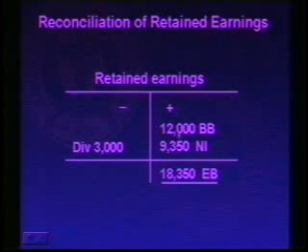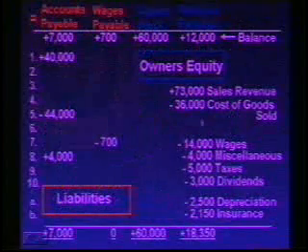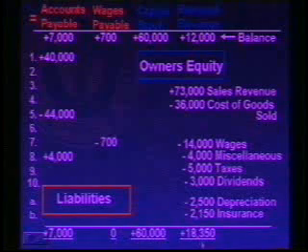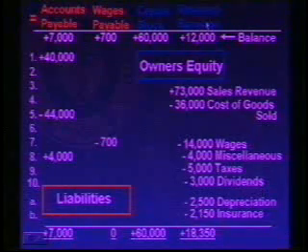We add that to our beginning balance of retained earnings, $12,000. Subtract out dividends for the year, $3,000, giving us our ending balance of $18,350. We go back to our spreadsheet, make sure that's what we came out to on our spreadsheet. $18,350, the amount on retained earnings. Questions about that?